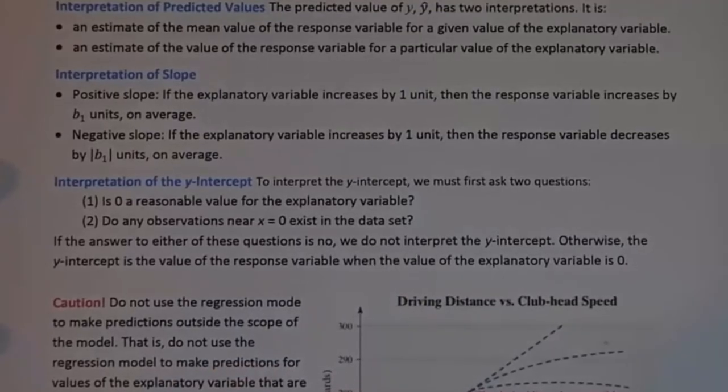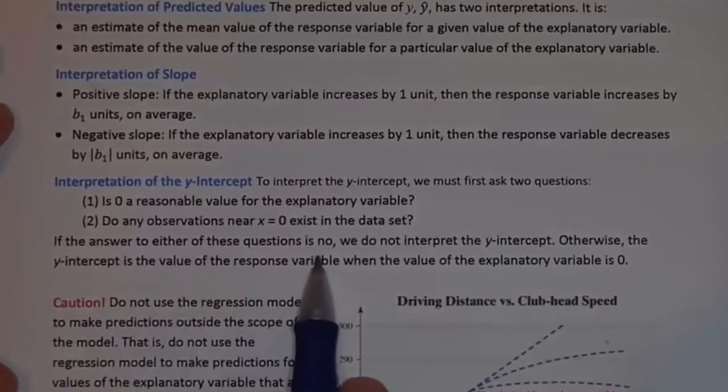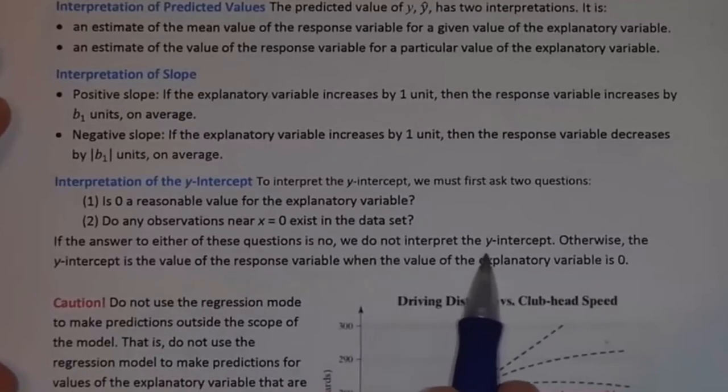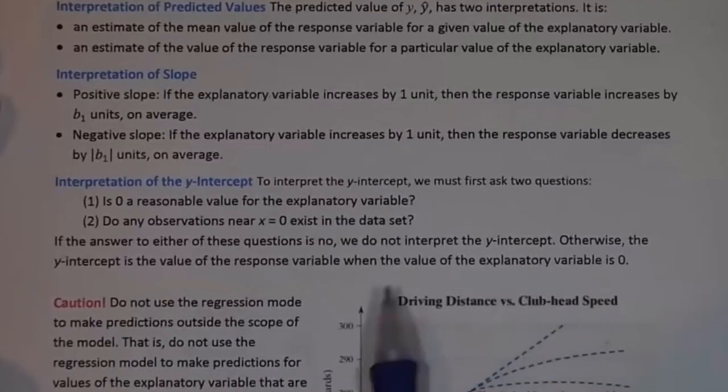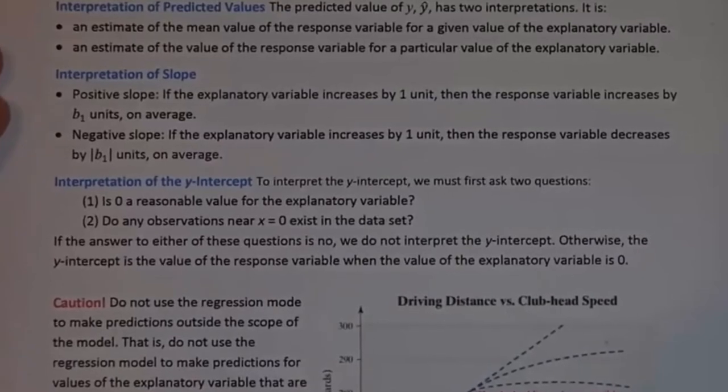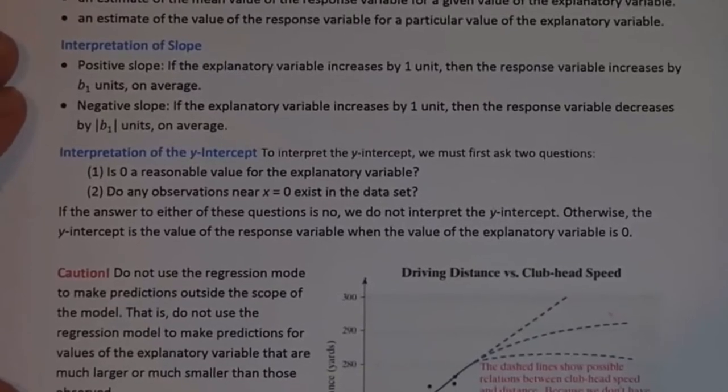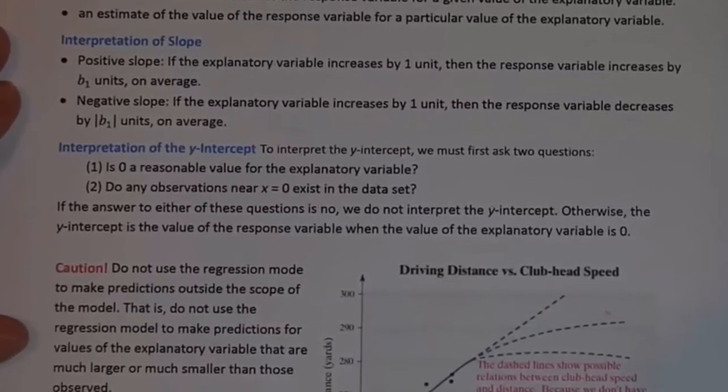So if there are no data values that are close to where x would equal 0, then we're generally not going to be able to use an interpretation of the y-intercept. So if the answer to either of these questions is no, we do not interpret the y-intercept. Otherwise, the y-intercept is the value of the response variable when the value of the explanatory variable is 0. So we'll look at an example of that in just a second.